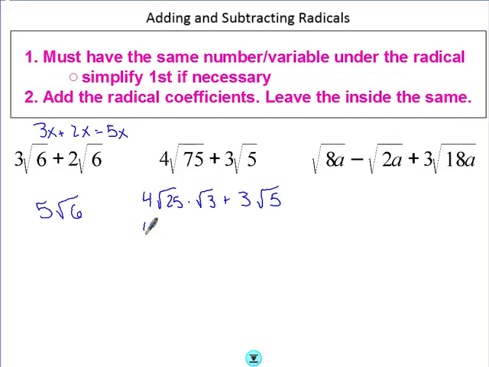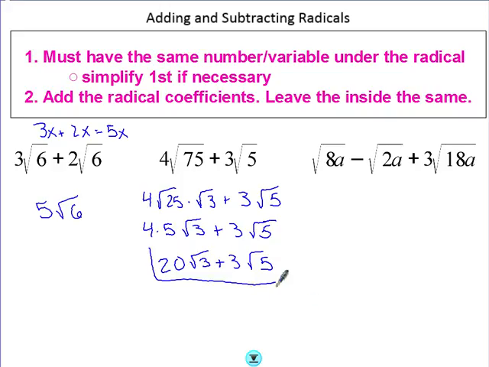The square root of 25 is 5, so I have 4 times 5 times the square root of 3 plus 3 square root of 5. 4 times 5 is 20, so I have 20 square root 3 plus 3 square root 5. But even after I simplify, the number under the radicals is not the same, so that is all I can do. That would be as much as I could do to be simplified.